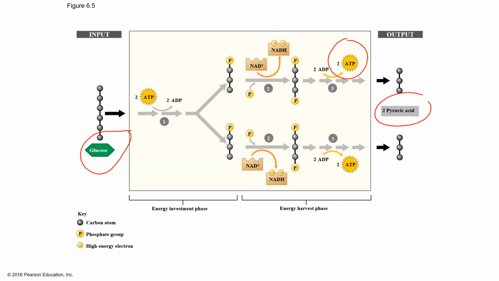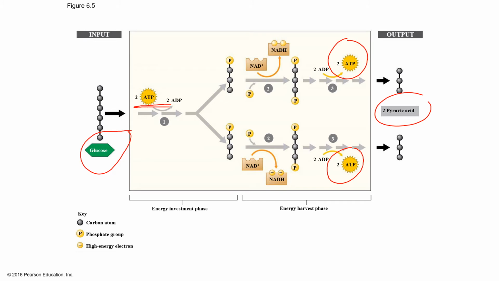Now, some of you might ask, I see 2 ATP right here and I see 2 ATP right there. Isn't that a total of 4 ATP that glycolysis is making? That is correct. But the reason why we say that the net amount would only be 2 is because you are going to have to use 2 ATP.